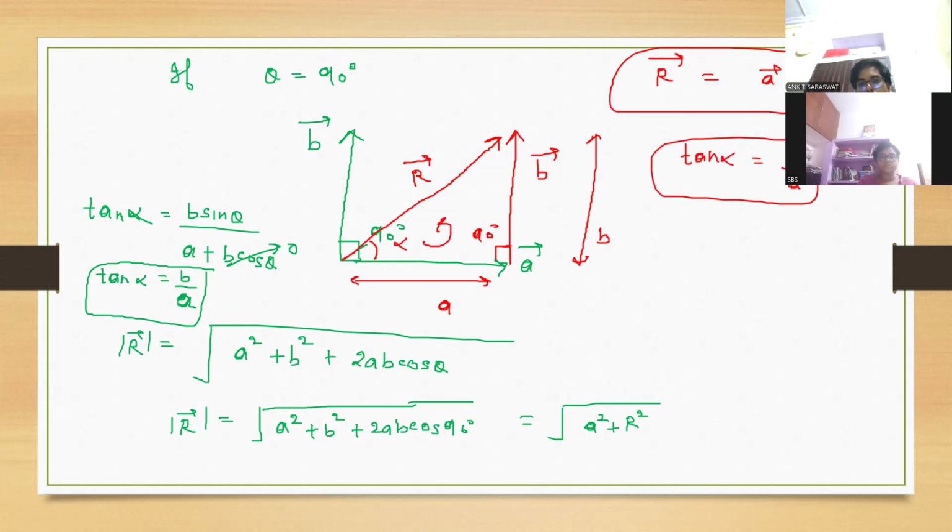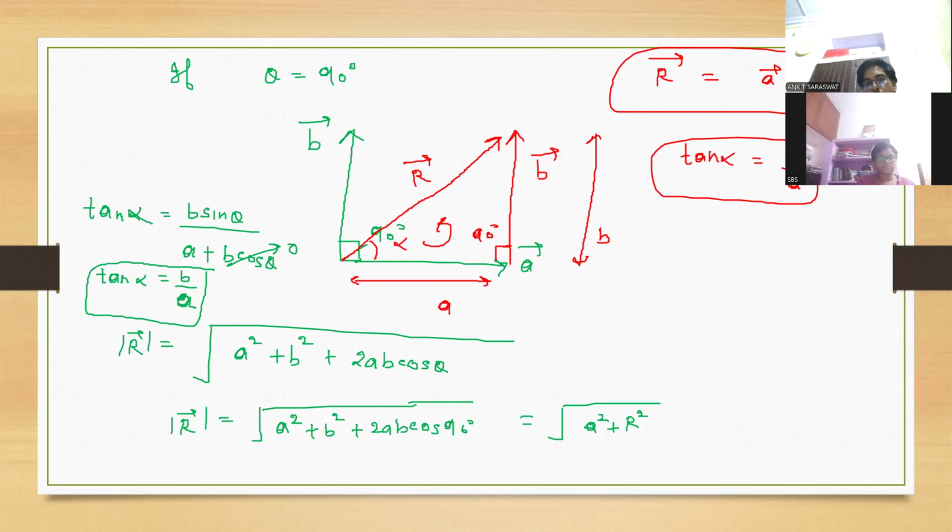So in the parallelogram law, you should know this law is very important. You apply it when two vectors are coming from the same point or same origin. The direct formula is under root a square plus b square plus 2ab cos theta.